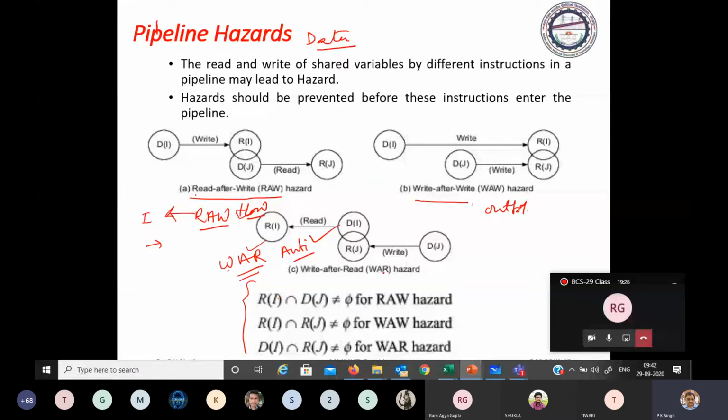RAW hazard, WAW hazard, and WAR hazard should not occur. For that, you can use these components to compute. We have already discussed the Bernstein conditions for the execution of two instructions in parallel. Okay.